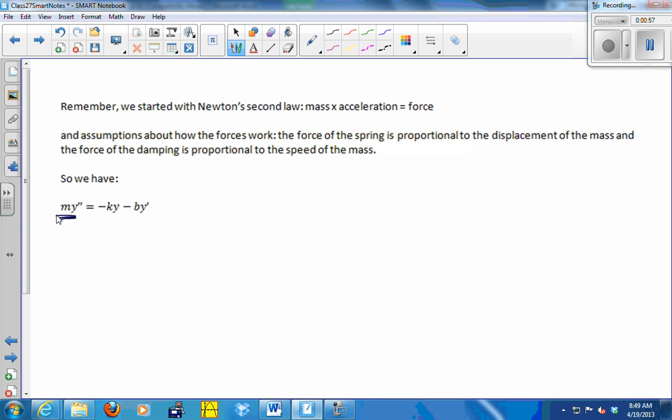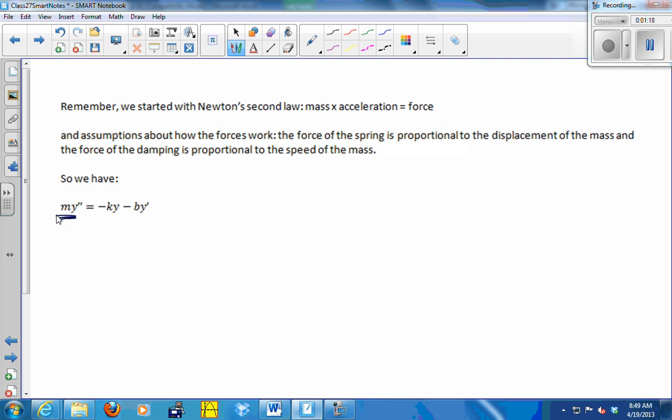And then on the right side, I want to put the forces, because mass times acceleration equals force. We have some assumptions about how the forces work: the force of the spring is proportional to the position of the mass. The further away from rest, the more force the spring exerts.